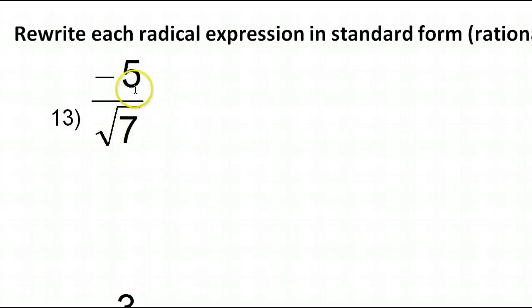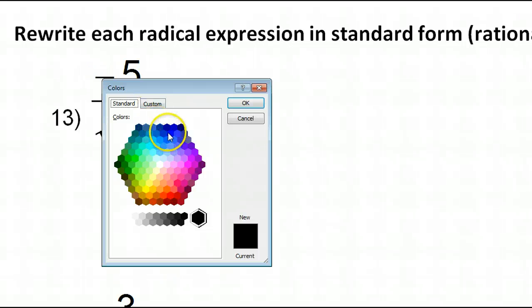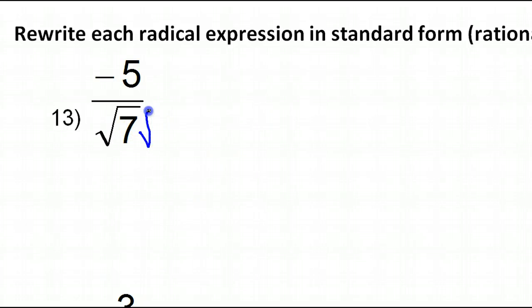So, rationalizing the denominator. Right now the denominator is irrational. It's got the square root in it. So we want to change this so that the denominator is a rational number, no more radical. But using the tool that we just practiced, I should be able to accomplish that by multiplying this radical by itself.